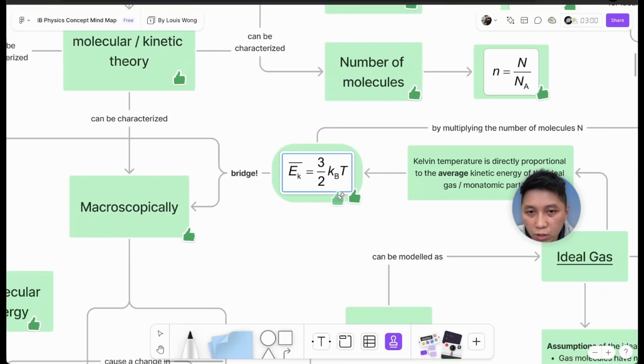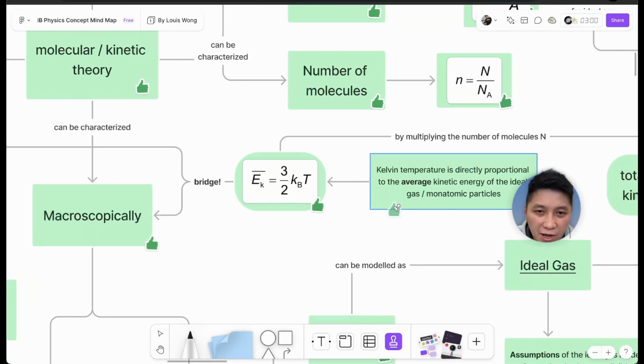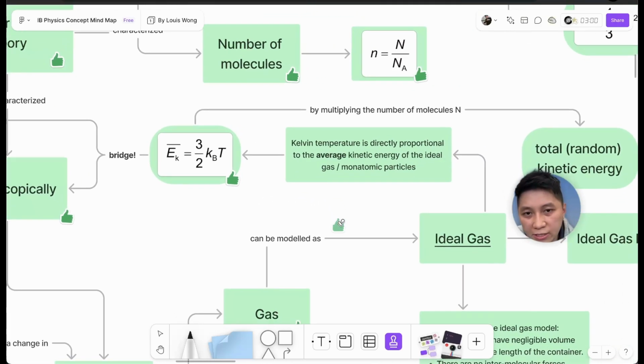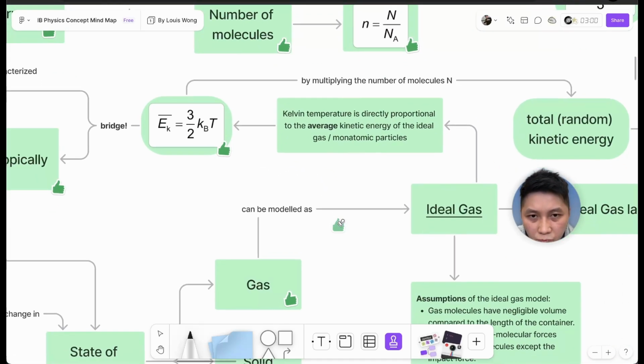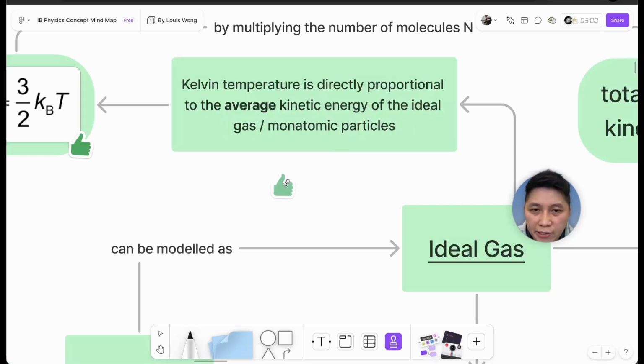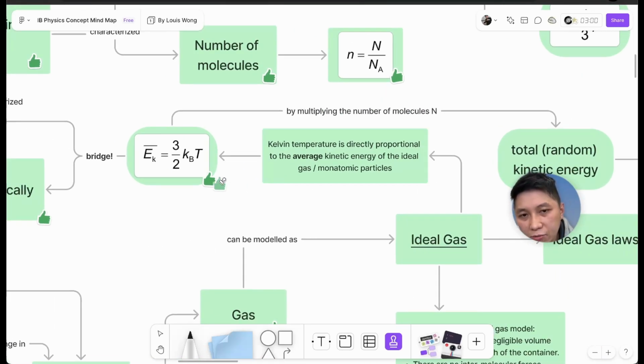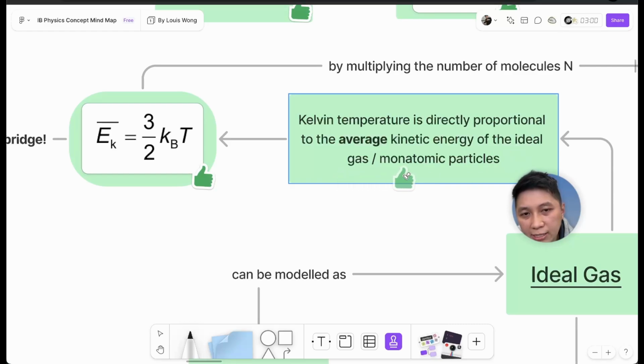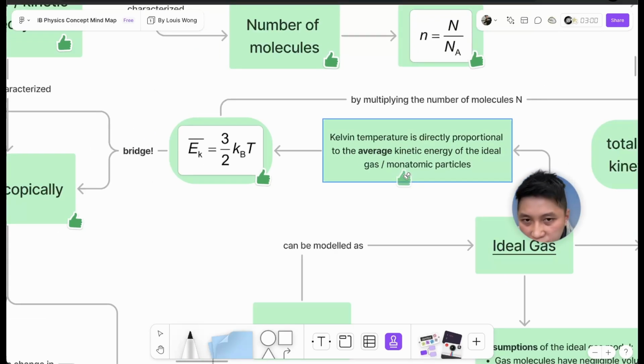This was very astonishing when it came out, and it's very helpful for our calculations. In words, temperature is directly proportional to the average kinetic energy of an ideal gas. Remember, these equations should only work for ideal gas and monatomic particles, like helium, for example. If you have a more complex composition, then it's not a very good model, according to the assumptions.